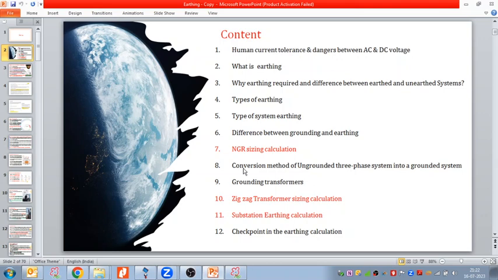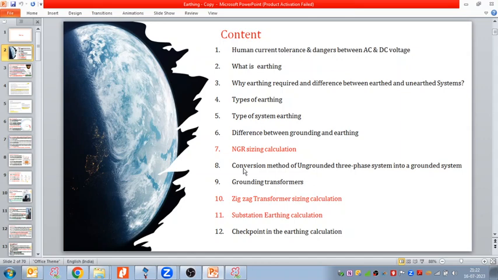So the grounding transformers and the zigzag transformer, which is a special transformer that we use for earthing purposes. How we do the winding in the zigzag transformer, why the name is zigzag, and about their selection, applications, and the rating calculation for this transformer.